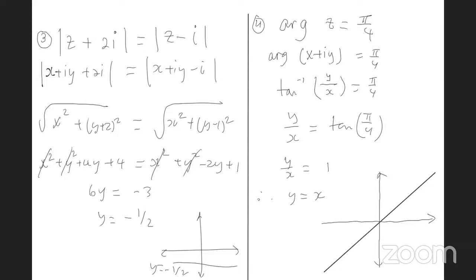The argument is pi on 4. So pi on 4, as far as we know, is here. What that means is that the only part of the line that is valid will be this part here. We're ignoring this part here. That part of the line is not valid because the argument for that part of the line will not be pi on 4.